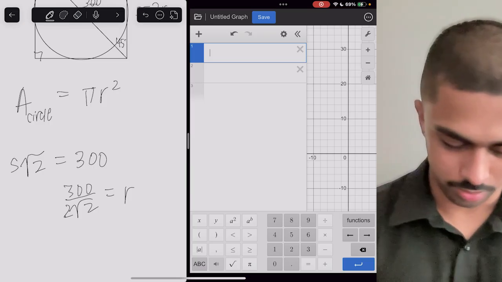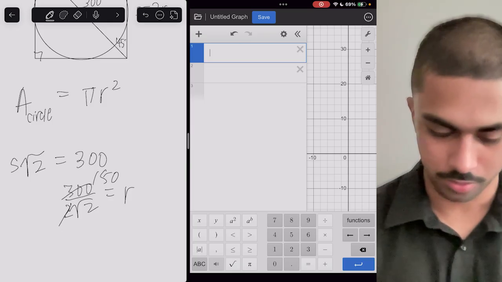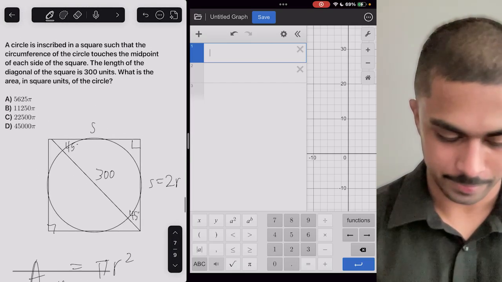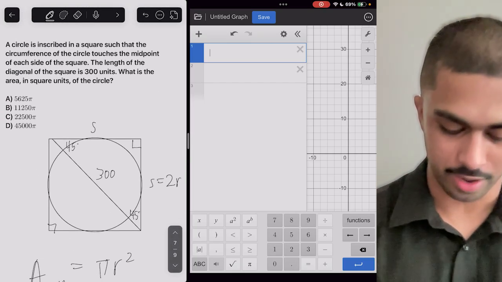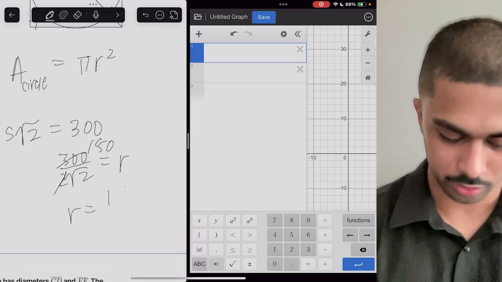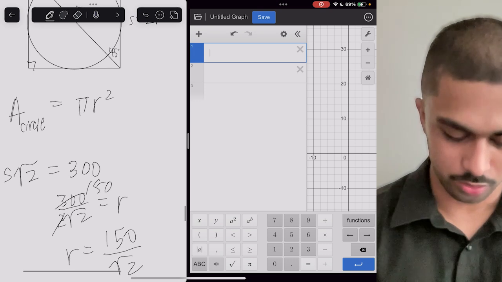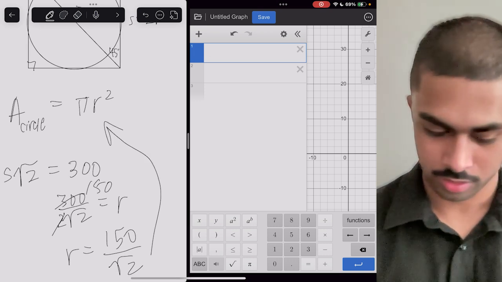We can first cross these out. This is just 150 over the square root of 2. And since we're looking for the area, we can plug this radius, 150 divided by the square root of 2, into this formula right here.